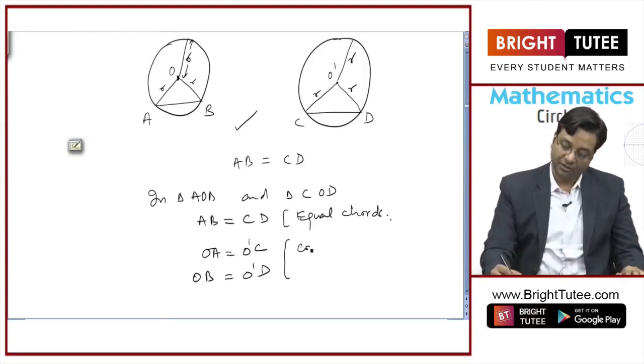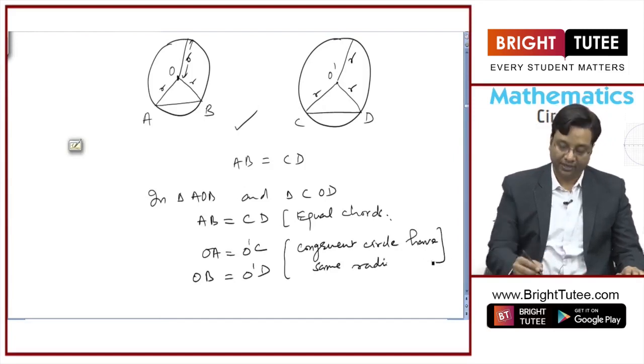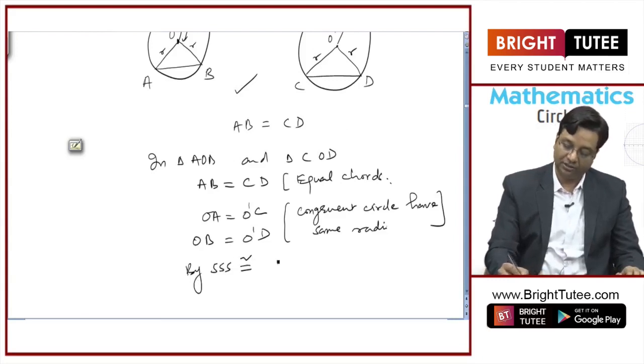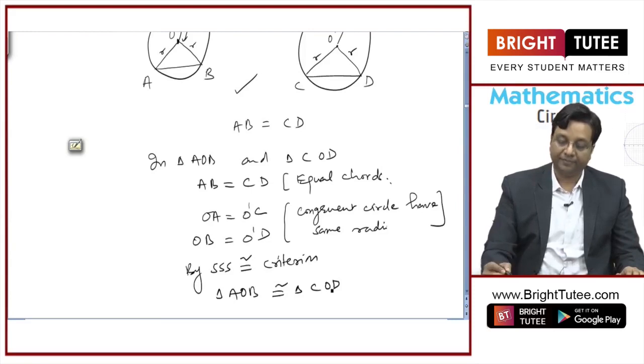Because congruent circles have the same radii, right? Now by the side congruence criterion, I can say triangle AOB is congruent to triangle COD.